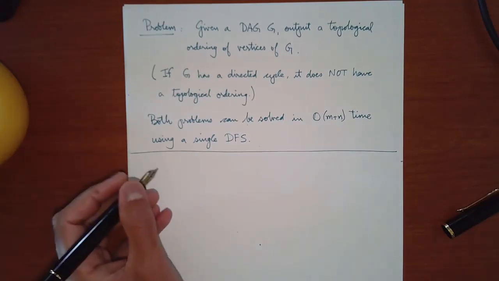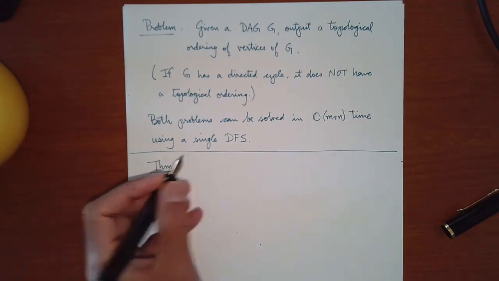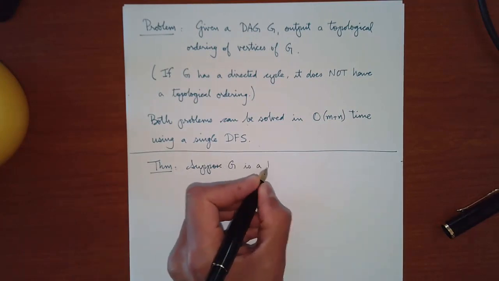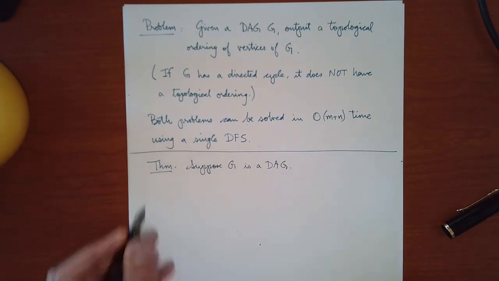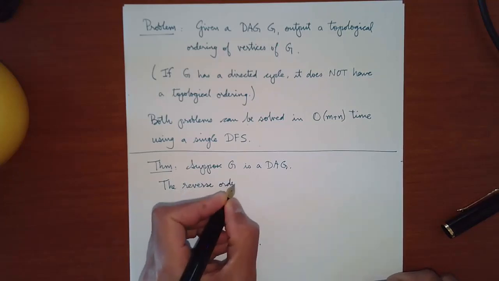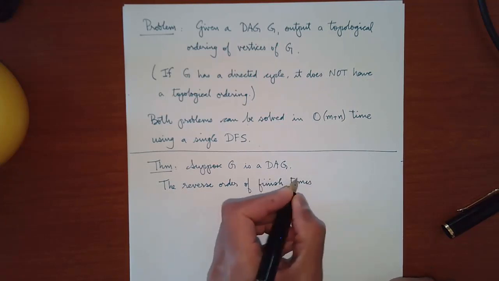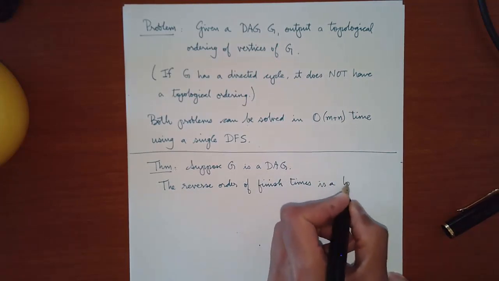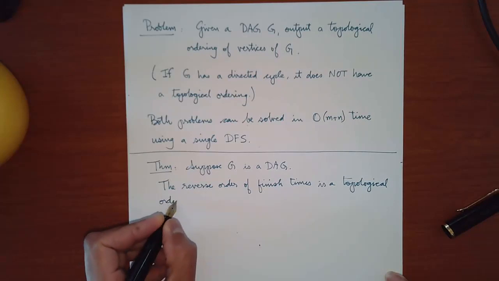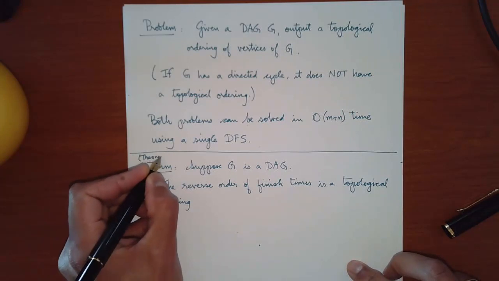So there is actually a theorem which says, suppose G is a DAG, then the reverse order of finish times is a topological ordering. THM means theorem, because this is like a mathematical statement.